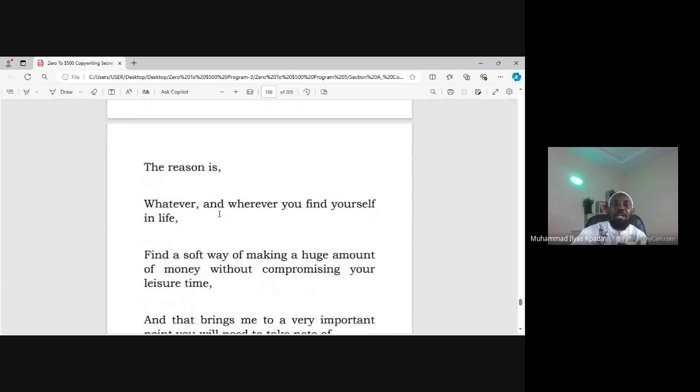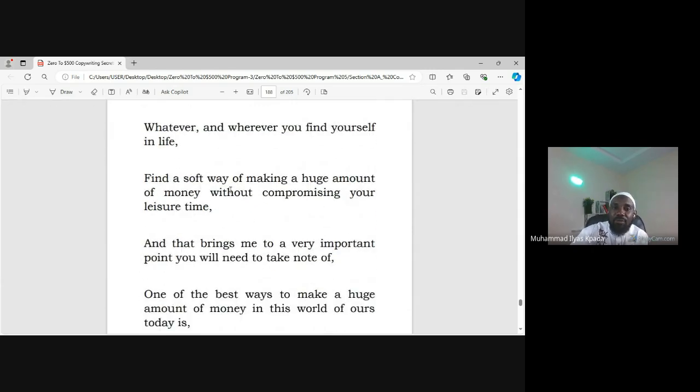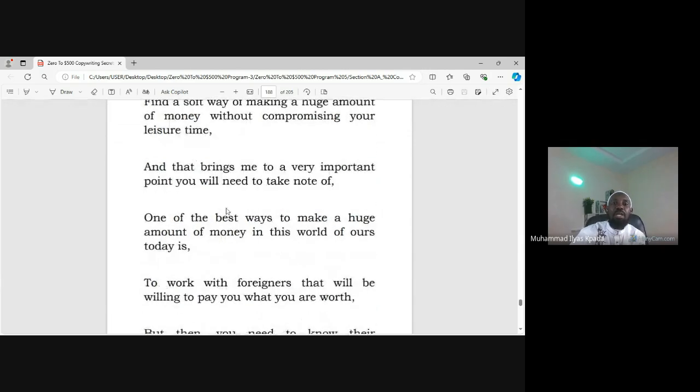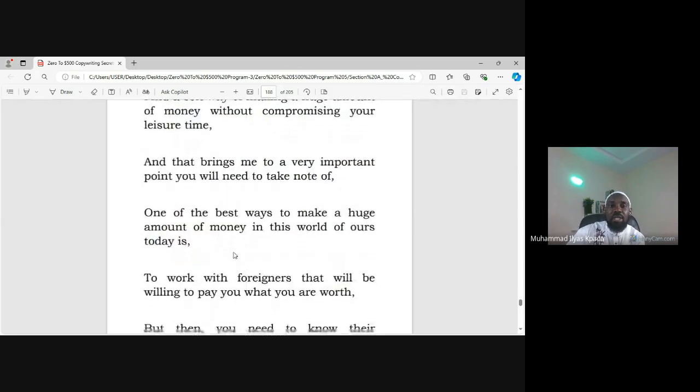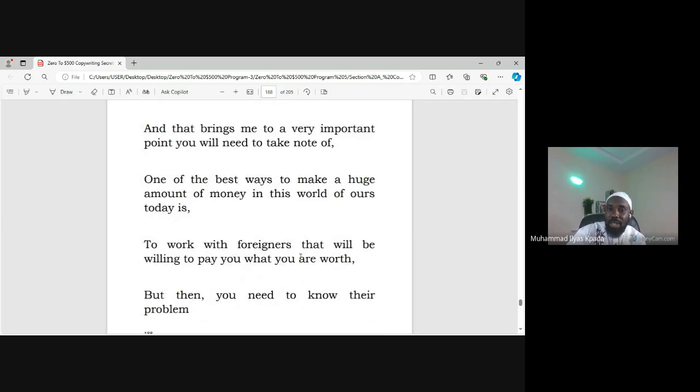"The reason is, whatever and wherever you find yourself in life, find a soft way of making a huge amount of money without compromising your leisure time. And that brings me to a very important point you will need to take note of. One of the best ways to make a huge amount of money in this world of ours is to work with foreigners that will be willing to pay you what you are worth.